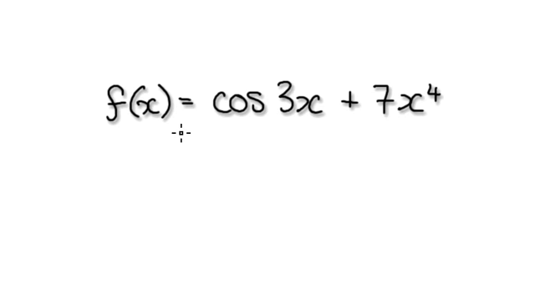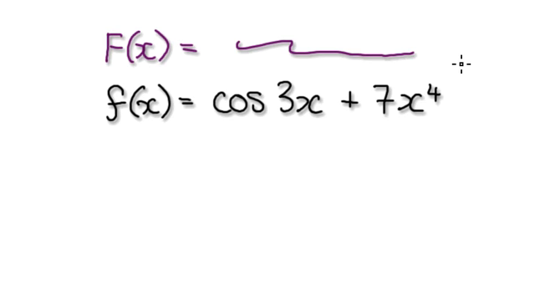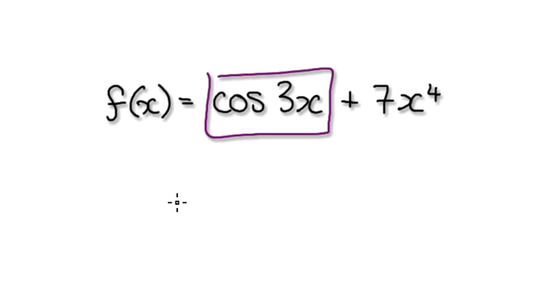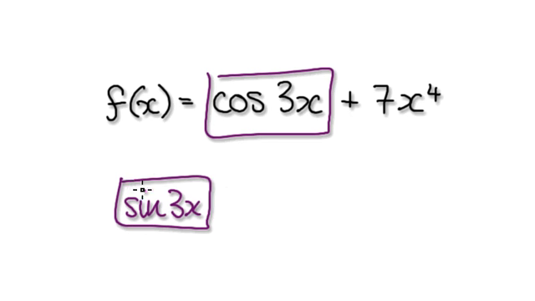Okay, so to do this here, you're trying to find a function where when you differentiate it, you get this function here. So start out with this. Try to make your guess. Let's try sine 3x. This is going to be our guess here.